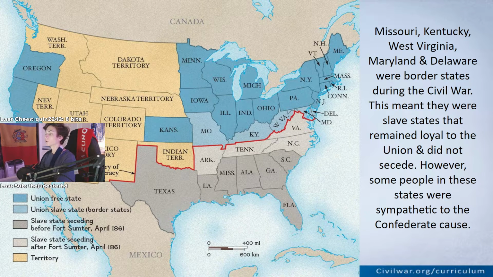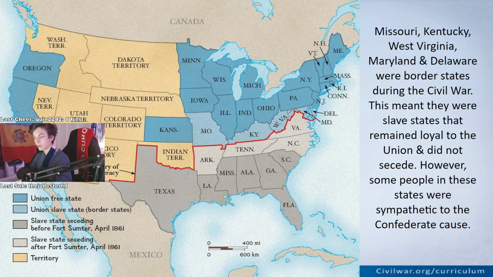It shows which states were part of the Union, which states were Union slave states, which were border states that still held slaves, but they were part of the Union. Those states being Maryland, Delaware, West Virginia, Missouri, and Kentucky.